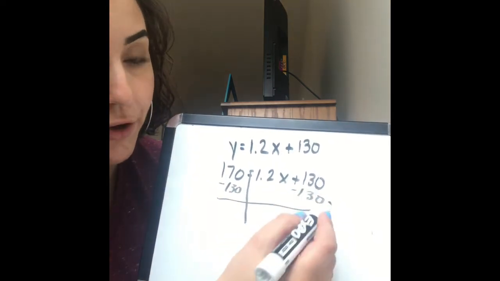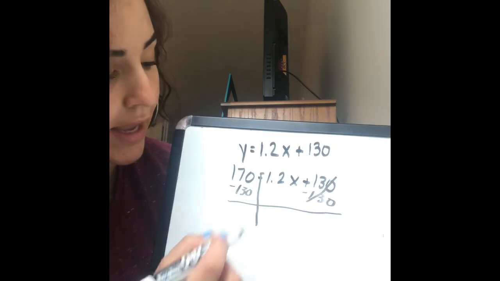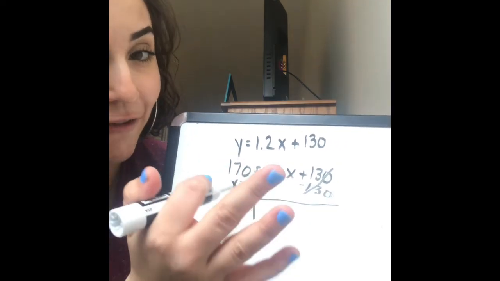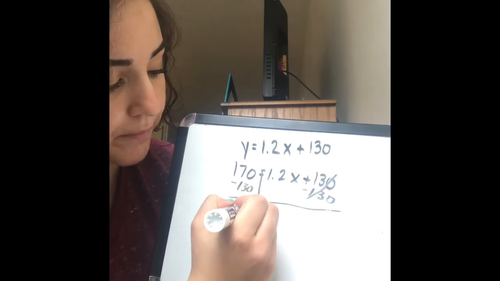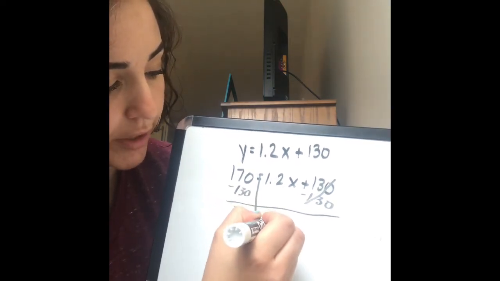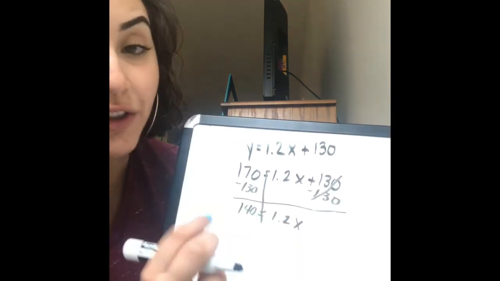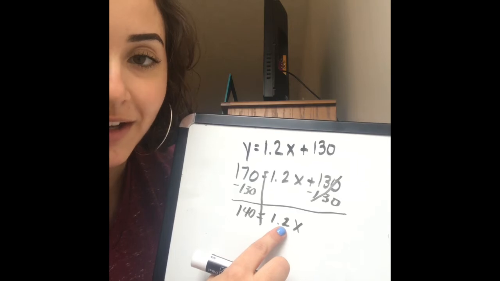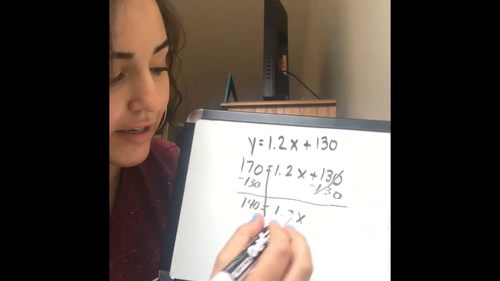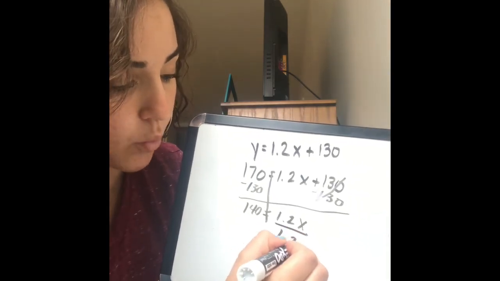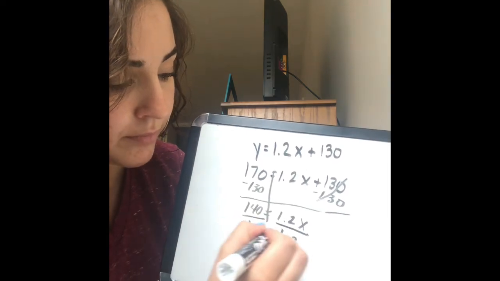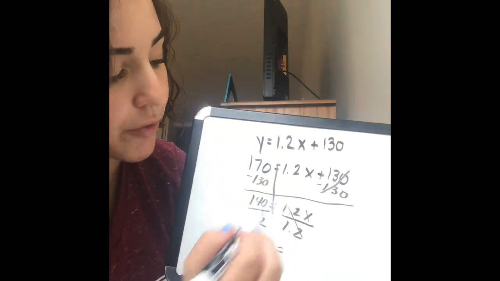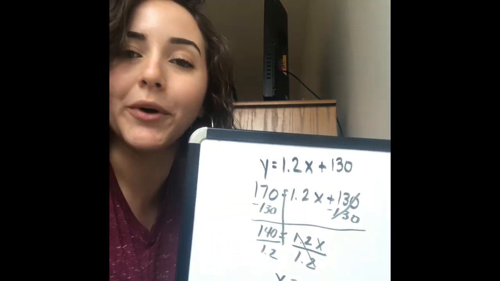The 130s cancel just like we'd like, and 170 minus 130 is 140, equal to 1.2x. Your last step to solve for x is to do the opposite of multiplication, which is division. Divide both sides by 1.2. On this side, it will cancel out, and your x is equal to whatever 140 divided by 1.2 is.